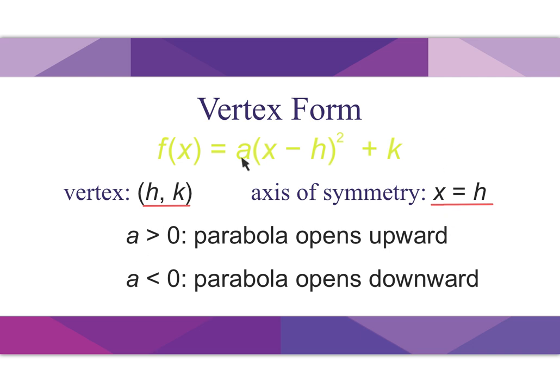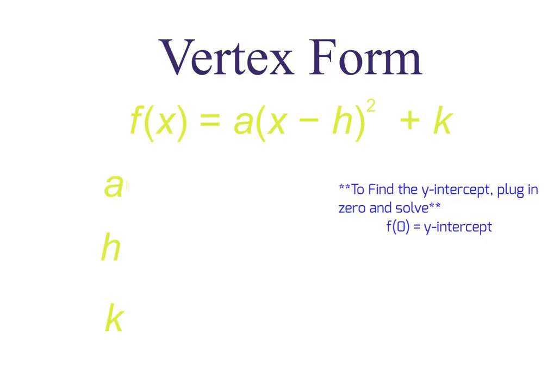If that a, that leading coefficient there, is positive, the parabola is going to be going up. If it is negative, it is going to be going down. As I mentioned, if it is facing up, that vertex will be a minimum. If it is facing down, that vertex will be the maximum. So let's look at transforming these functions.